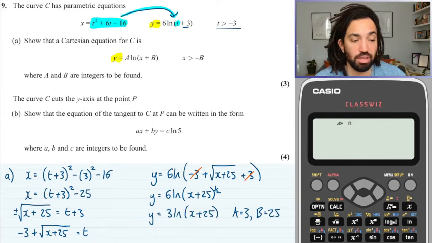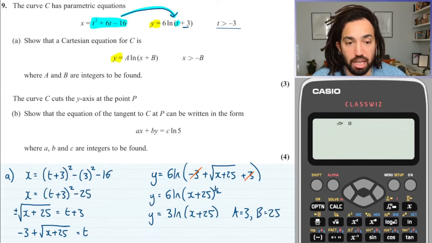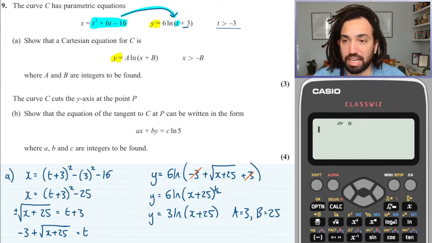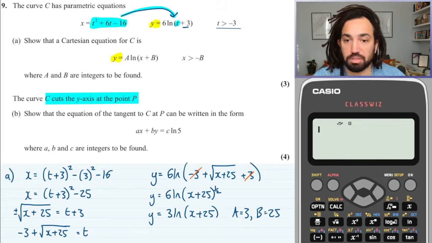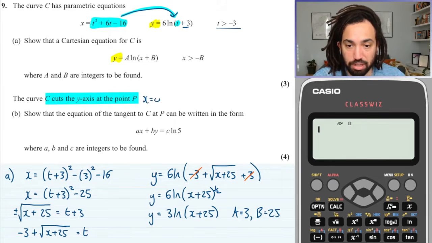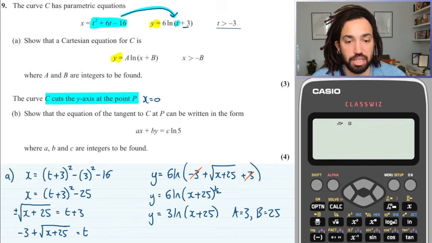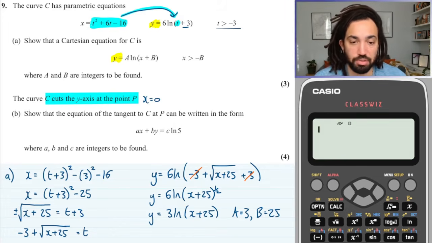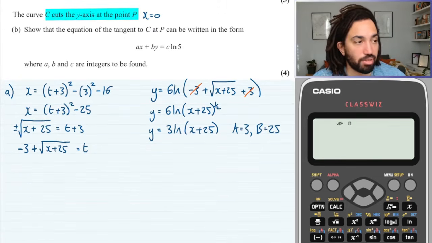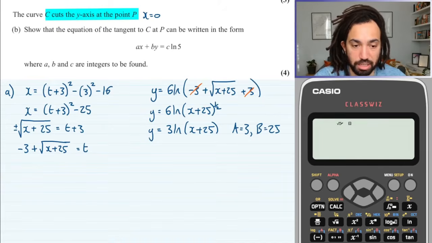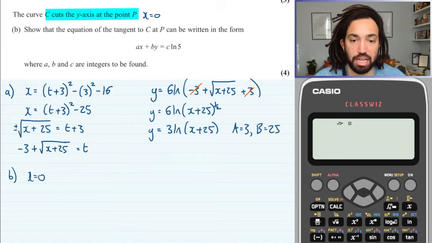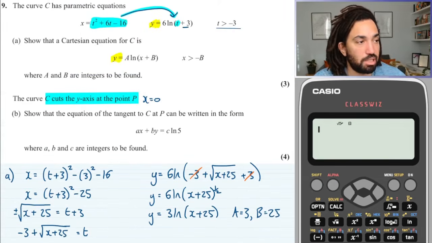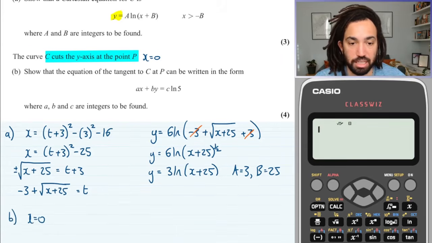Perfect. Okay, part B. It says the curve cuts the y-axis at the point P. So that's important because we know that at that point x equals 0. And it says show that the equation of the tangent can be written in this form. Okay, so like we said, we know that x equals 0. And we also know that x is equal to, up here, t squared plus 6t minus 16.